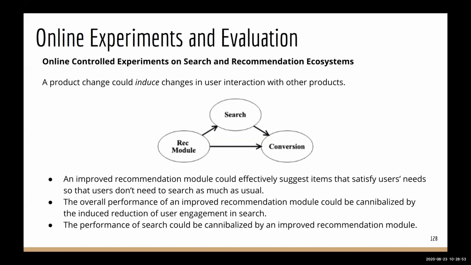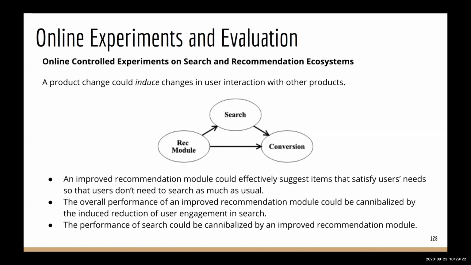Not only can they directly impact the conversion rate, but between them, there are further links that interact with them. That is what we call induced changes, right? Meaning you change the recommendation module, which will indirectly impact user behavior on the search result page. And from there, that will finally also reach the conversion part.